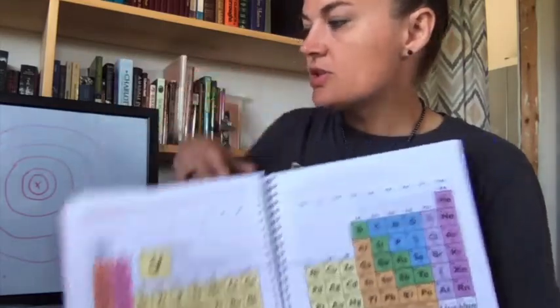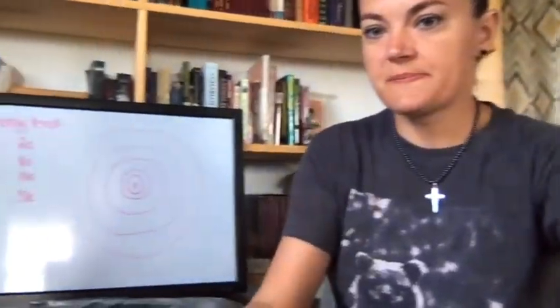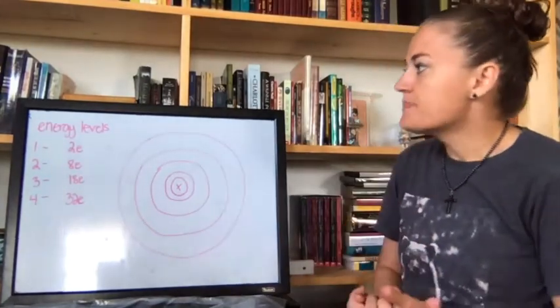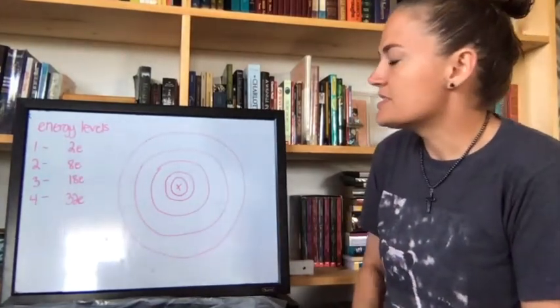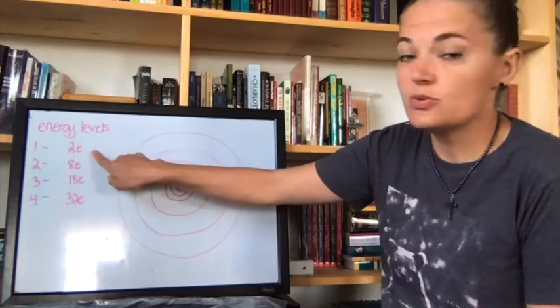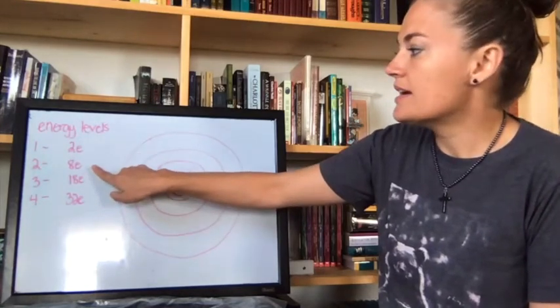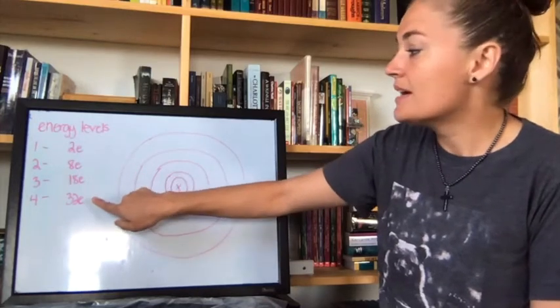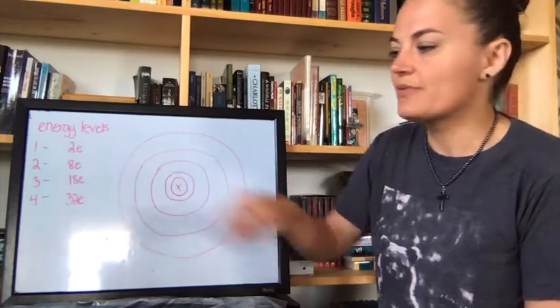Okay, so for this chapter, they want you to focus on the first 4 energy levels. So we're going to turn here to my chart. The first 4 energy levels can contain 2 electrons on the first level, 8 electrons on the second level, 18 on the third level, and 32 on the fourth level.